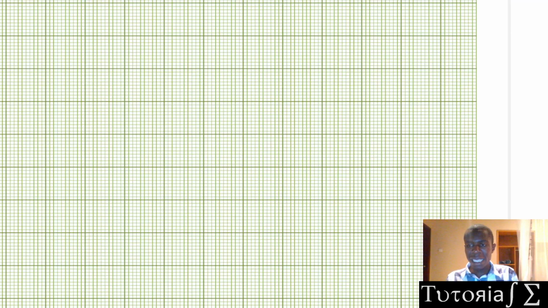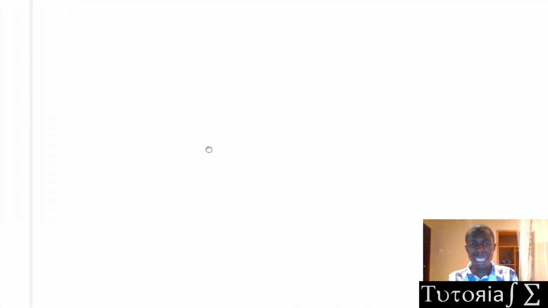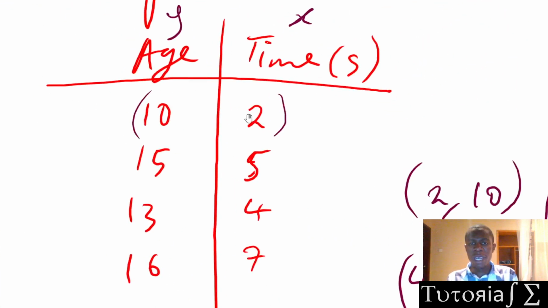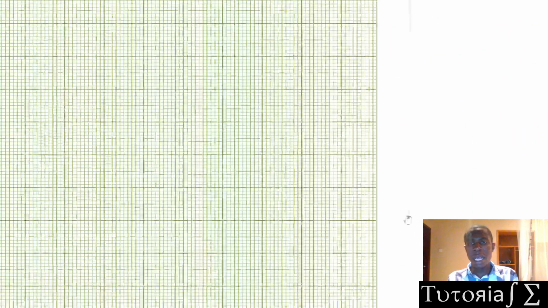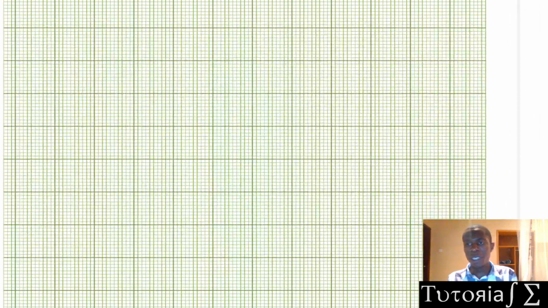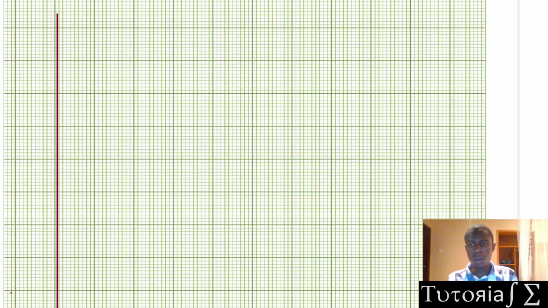So we're going to draw the axes. Now we need to look at the data set that we have. If we don't have any negative numbers, then we just use the upper half quadrant. So we are just going to draw a simple graph like that. Now we are using 4 centimeters to represent 1 unit.